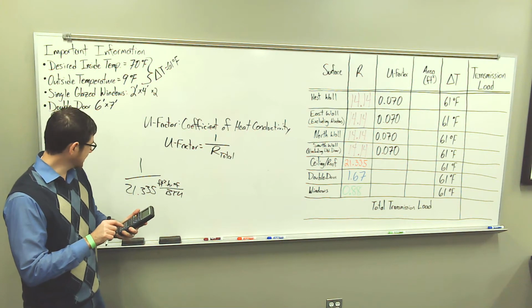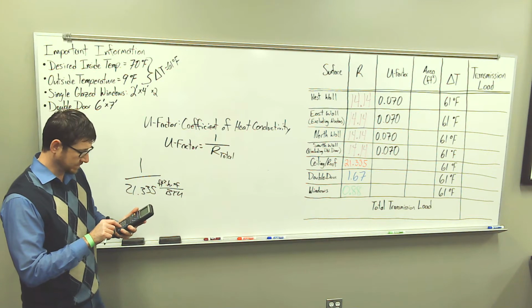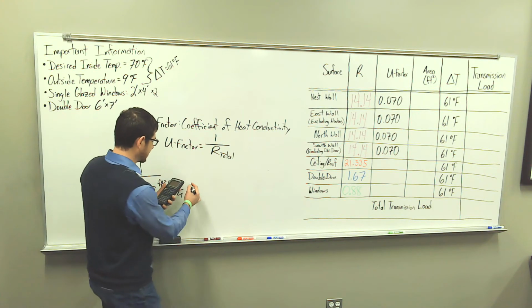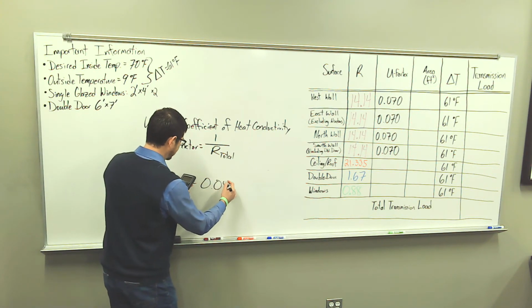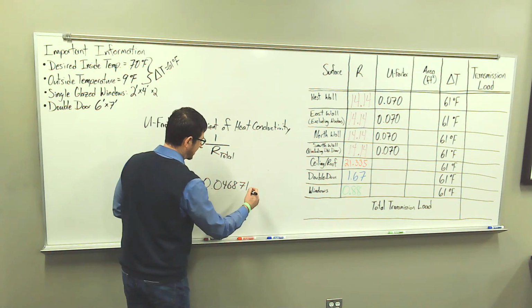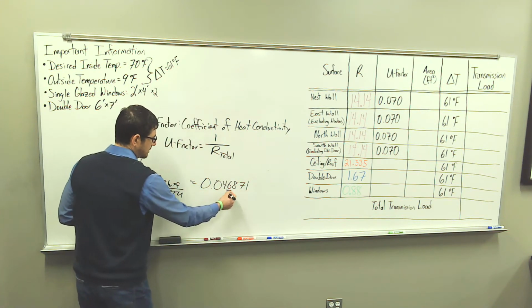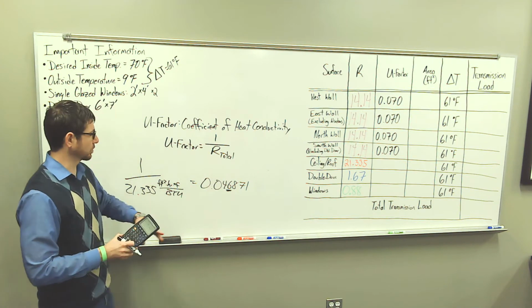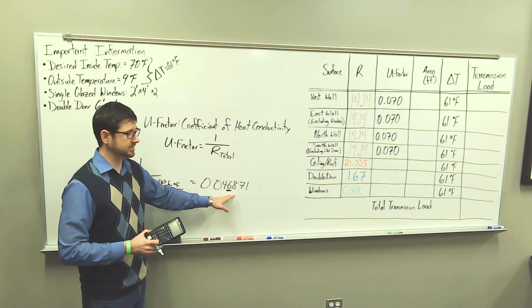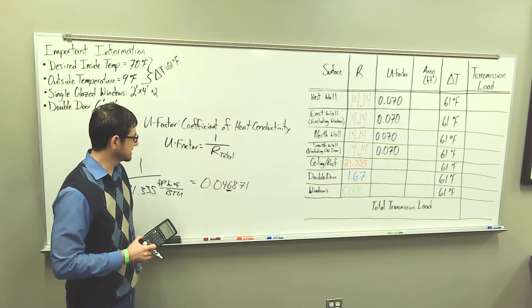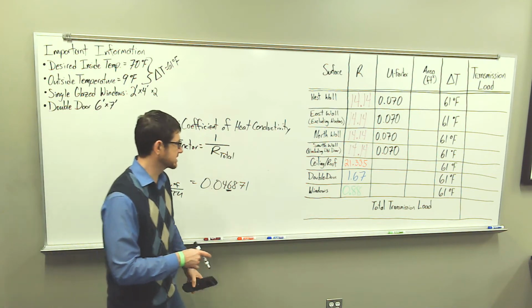So 1 divided by 21.335 is going to give me 0.046871. Well, we're going to truncate, and we're only going to quote to the thousandths place. So we're going to say it's 0.046.